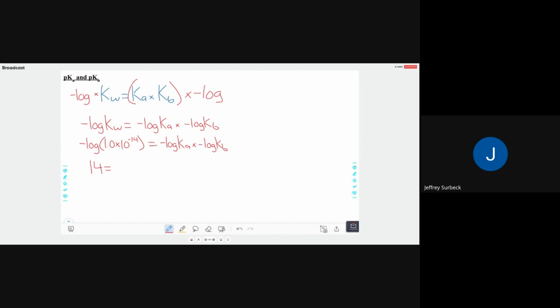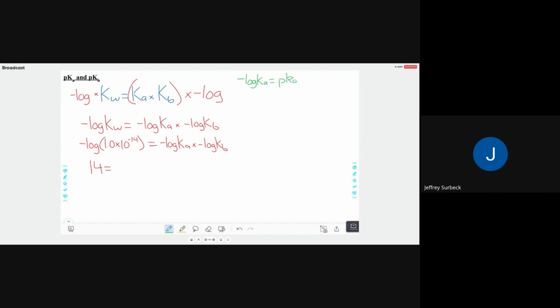A good question. Okay. The other thing I want to point out is this negative log Ka and negative log of Kb. Okay. Well, negative log of Ka is simply equal to what we call pKa.